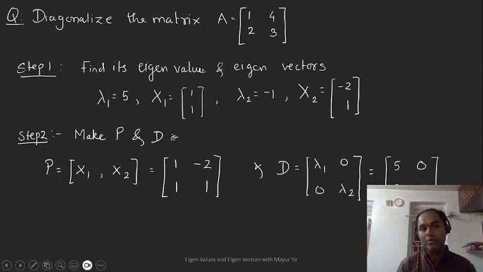Now we have to show that the matrix is diagonalizable.